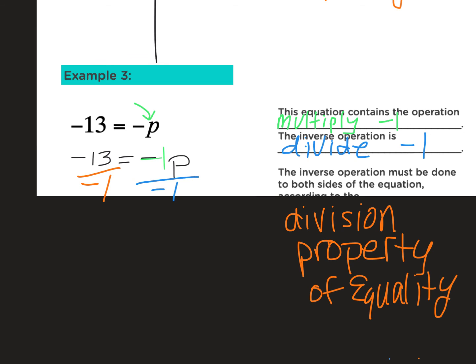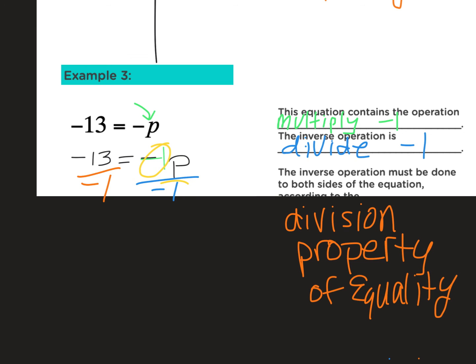So what do we already have? We're multiplying by a negative 1. If you don't see a number there, it means there's a 1 there. So we have to cancel that out by dividing by negative 1, and we have to do it on both sides according to the division property of equality.